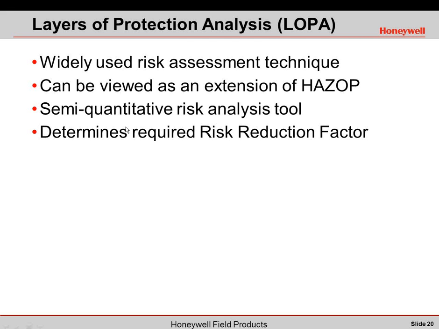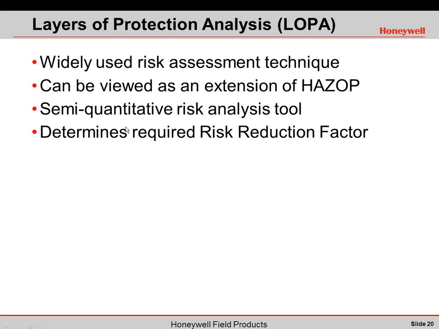So typically you would do the HAZOP first, and then do this layers of protection analysis. It's a simplified risk assessment method, and it provides a method for evaluating the risk of hazards and comparing it with risk tolerance criteria to decide whether your existing safeguards are adequate or whether you have to put more safeguards in a system like an SIS.